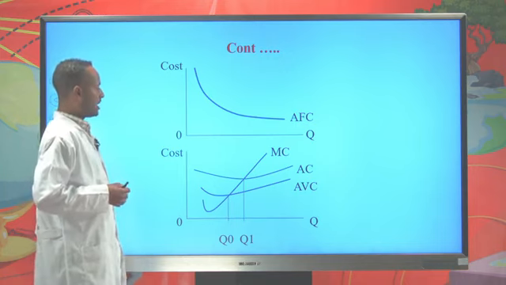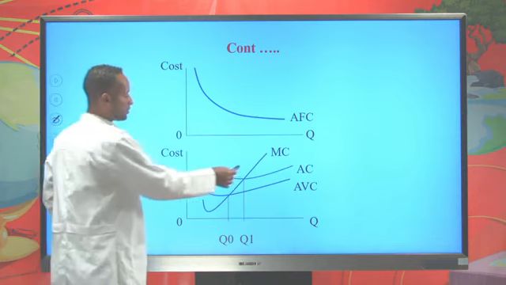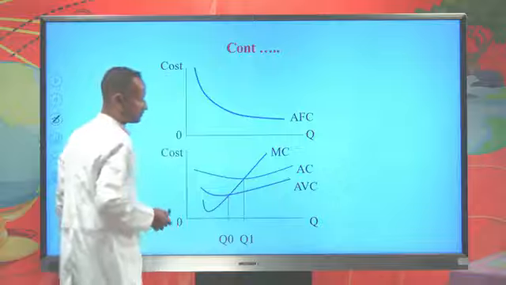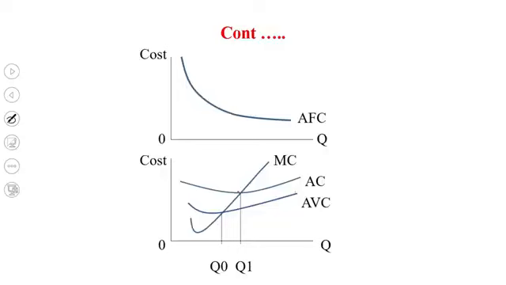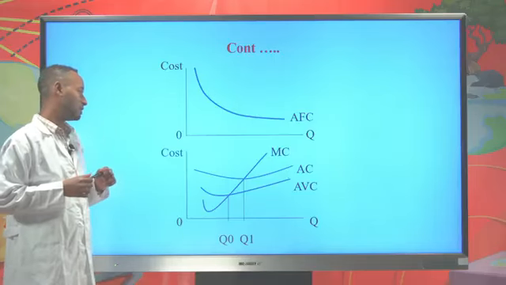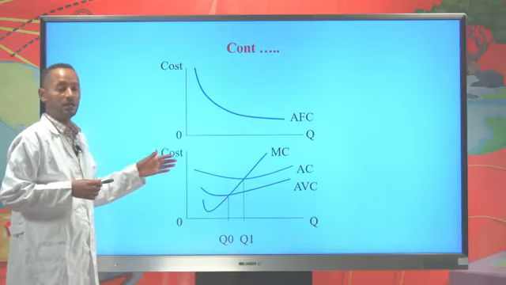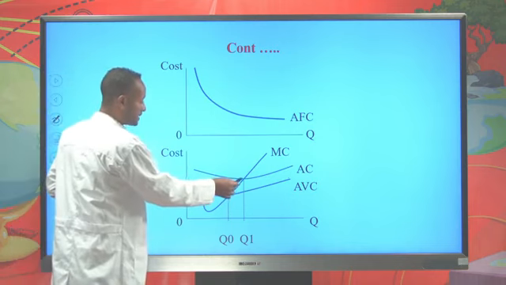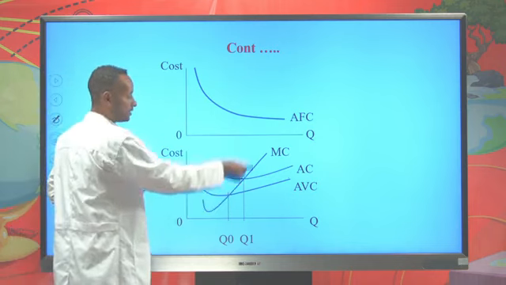First of all, let's see the relationship between the average cost of production, this AC curve, and this AVC curve. The patterns of both AC and AVC are similar. The patterns of AC and AVC are U-shaped. Initially, they decrease, reach their minimum point, and then they increase.